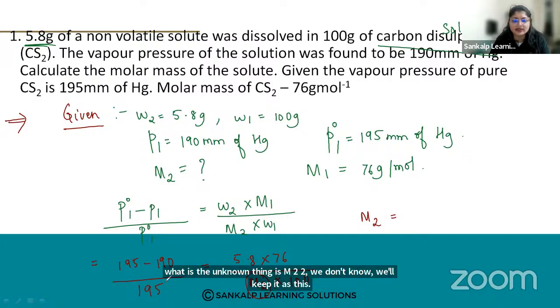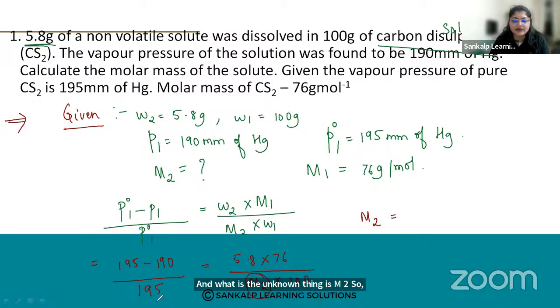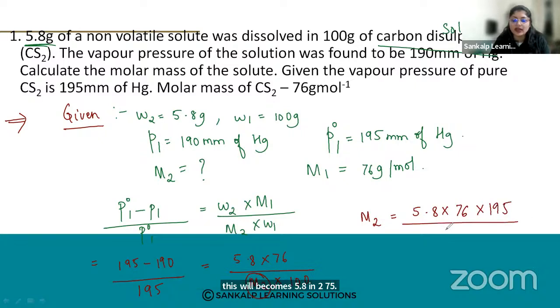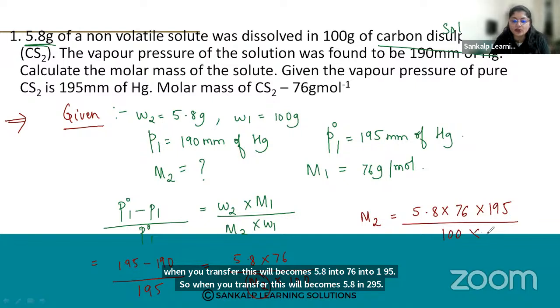So 195 minus 190 is 5, divided by 195. When you transfer, this becomes 5.8 into 76 into 195, and this will become reversed, and here it will be 100 into 5.